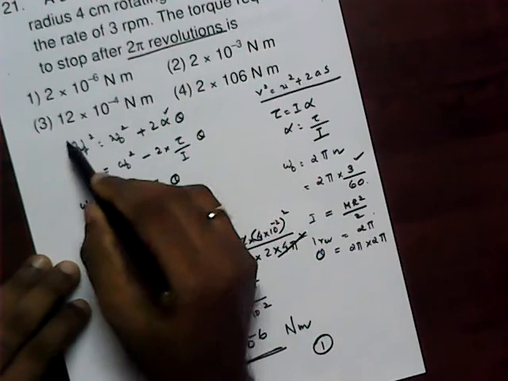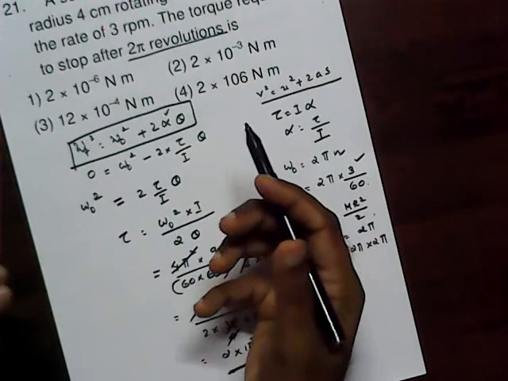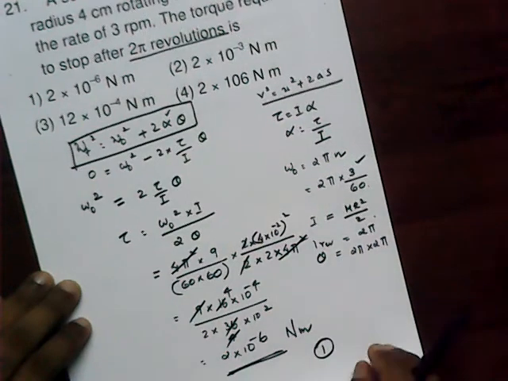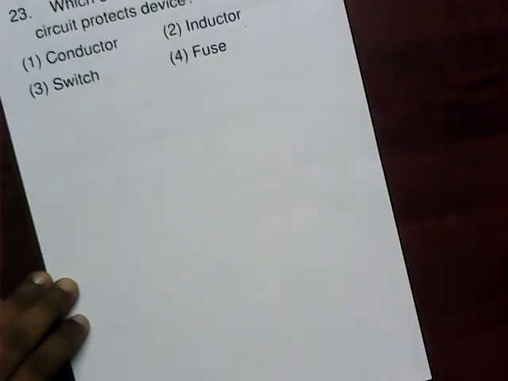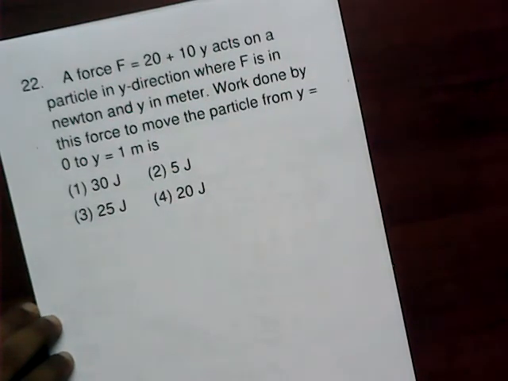So this equation is very important. We can relate such problems to kinematics, so we get the answer easily. Good substitution. Number 22. A force F given as 20 plus 10y acts on a particle in y direction, where F is in Newton and y in meter.